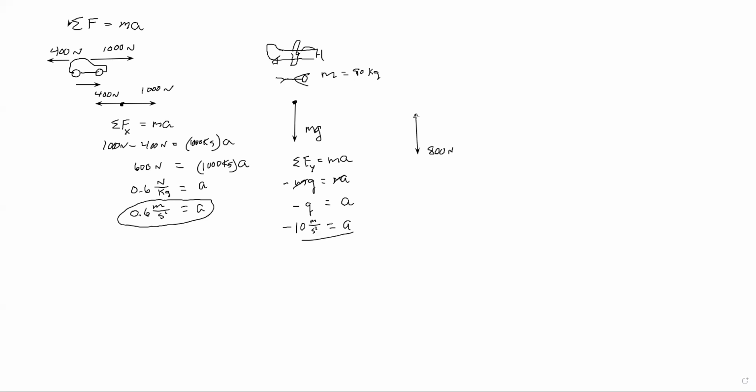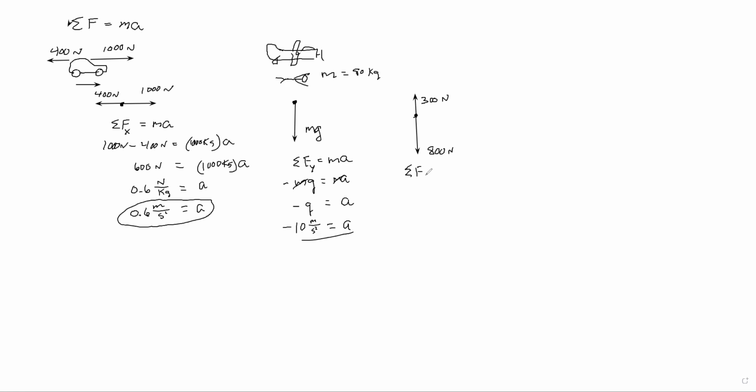The air resistance is a little more complicated to figure out, but let's say the air resistance is 300 newtons. You can see this problem is almost identical to the one over here, just in a different direction. So we approach it the same way.